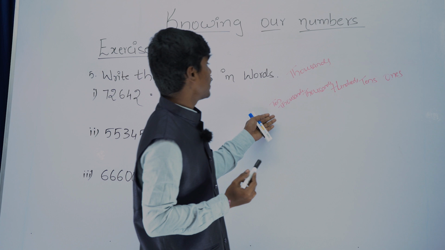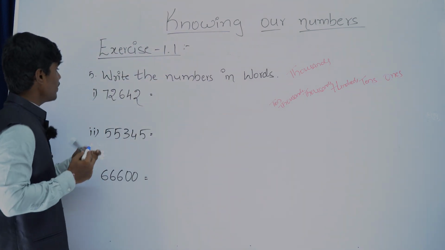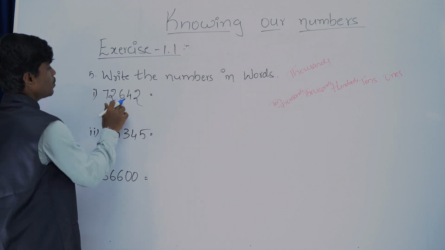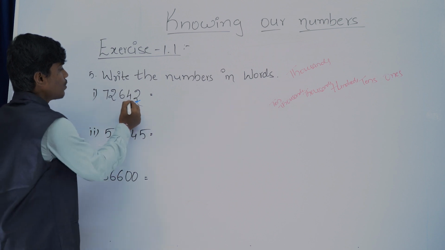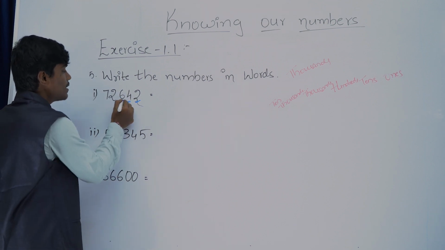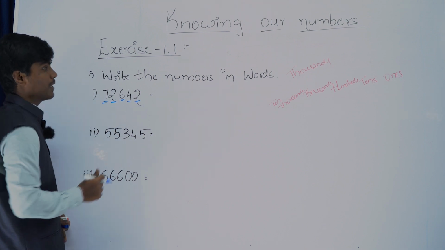We have generally studied up to 10,000s. Here he gave the number 72642. Here, 2 is in ones place, 4 is in tens place, 6 is in hundreds place, 2 is in thousands place, and 7 is in 10,000s place.